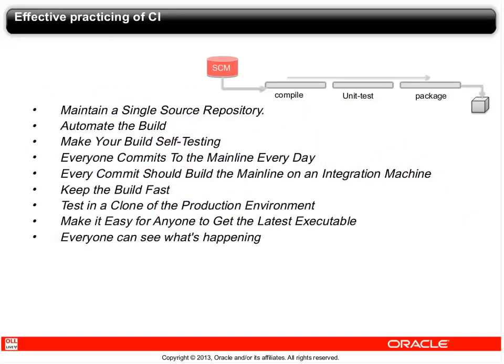So what is the best way to practice continuous integration? In order for this to work, there should be a single source repository. A single source repository does not mean you need only one SVN trunk or Git branch. It means the central repository server where you all commit your code.